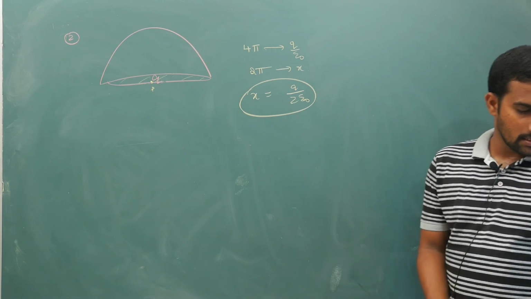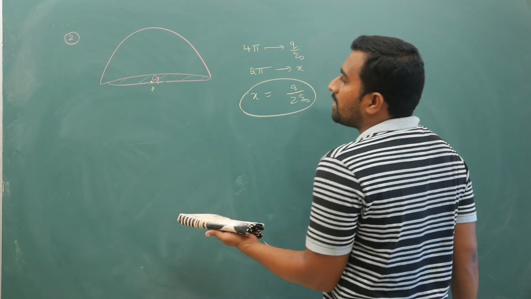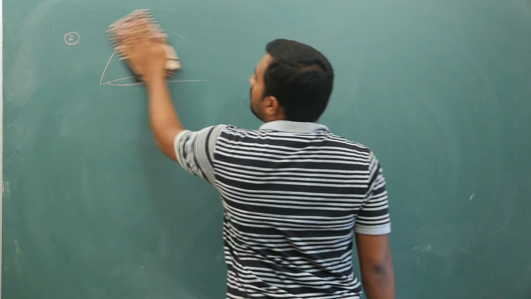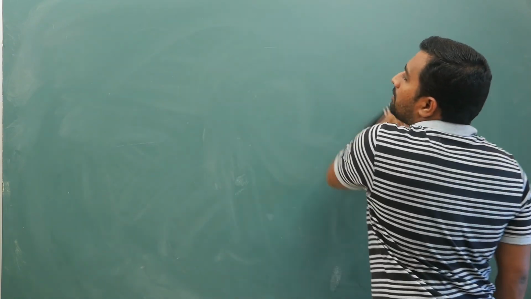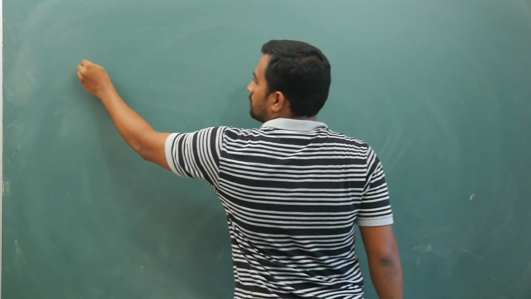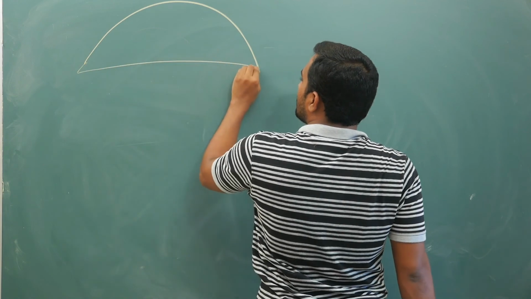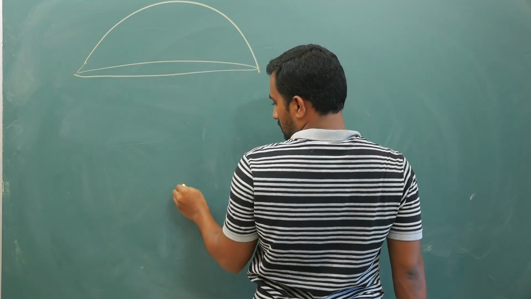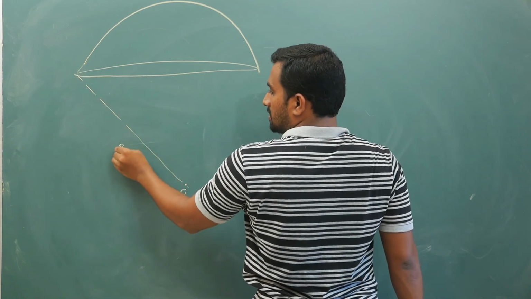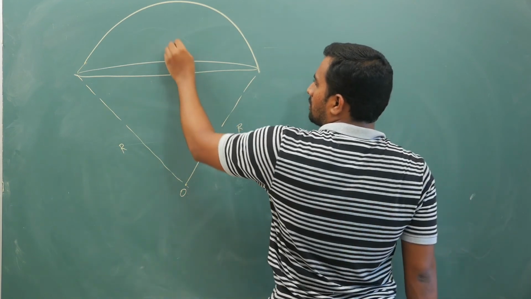Next, in general, for a general figure, how to calculate your flux, I will explain now. Let us say you have some random shape like this and your origin is here. This distance is r, this distance is r.